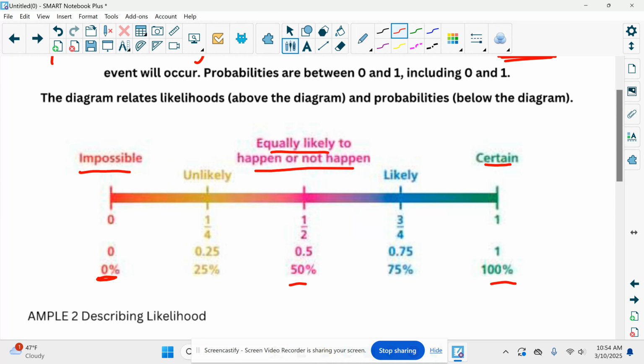If it falls between those two, it's unlikely to happen. It could happen, but there's a really big chance that it's not going to happen. When it's between these two, it's likely to happen.